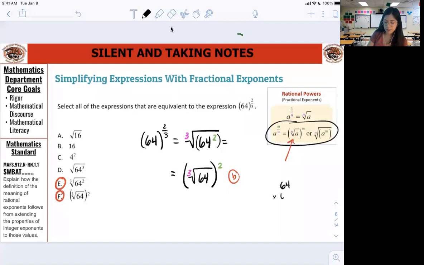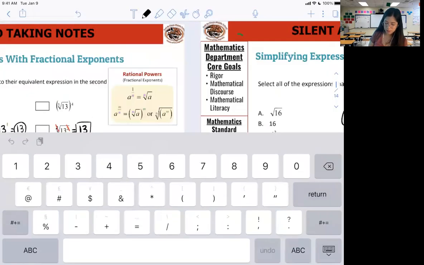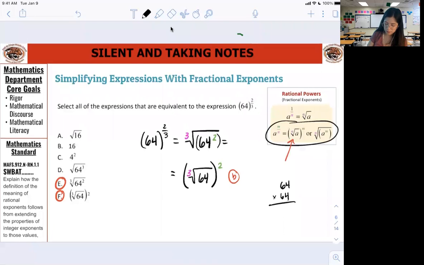I would have to do it by hand. 64 times 64. Okay, so 16, 24, 25, 24, 6 times 6 is 36, 37, 38, 6, 9, 11, 4.